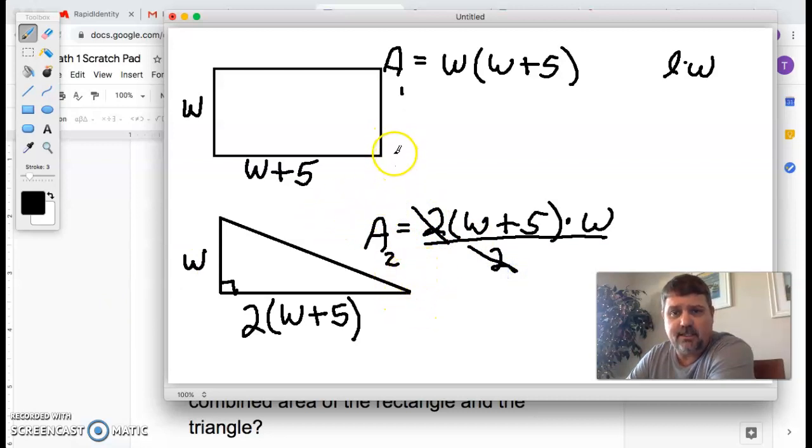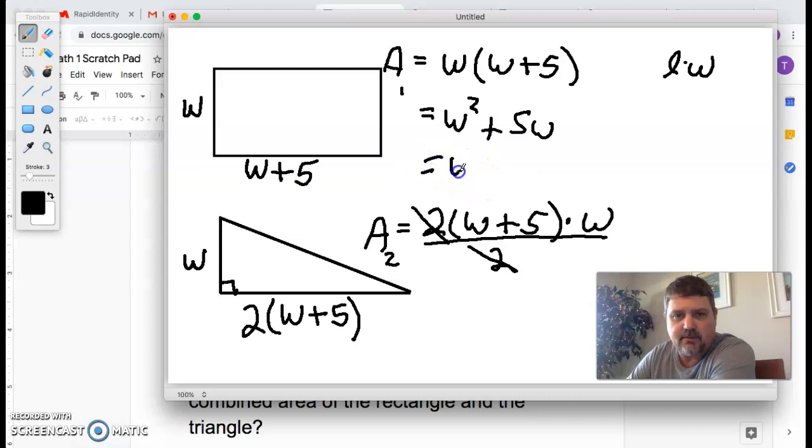Now to put this thing together, we need to add these 2 areas together. So and let's simplify this a little bit if we want to. This is W squared plus 5W. And this is going to turn out to be the same thing, isn't it? W squared plus 5W. So there's A sub 1 and A sub 2.